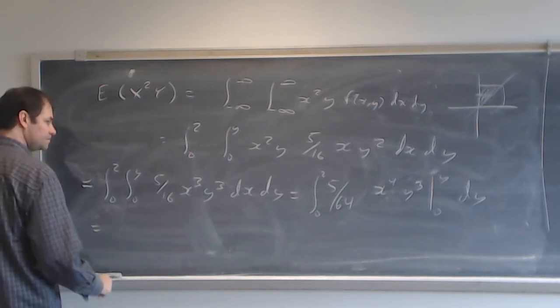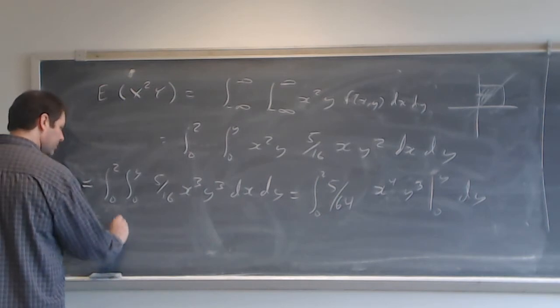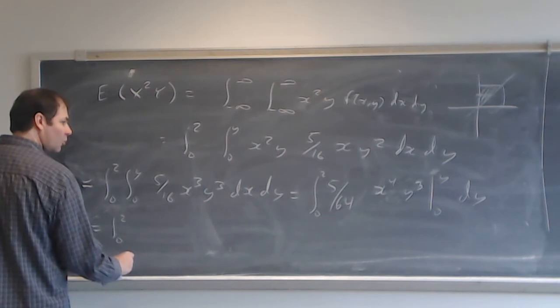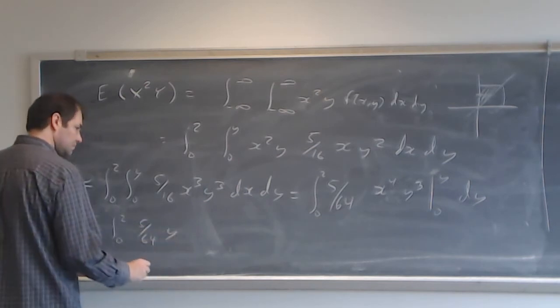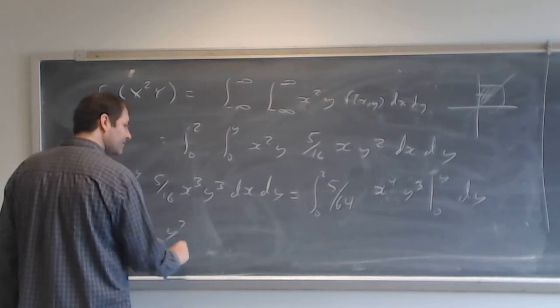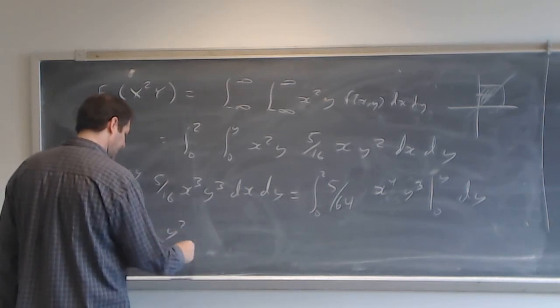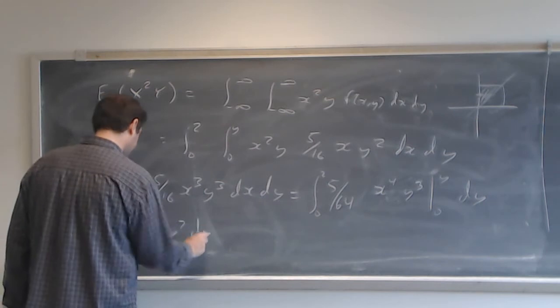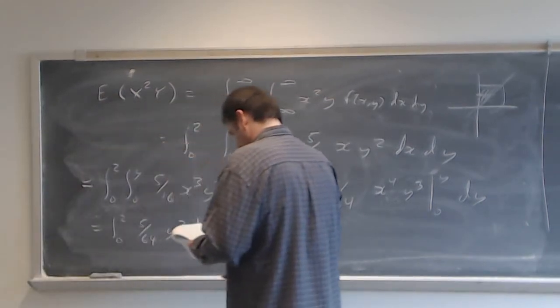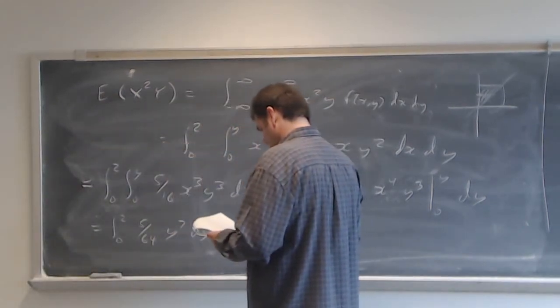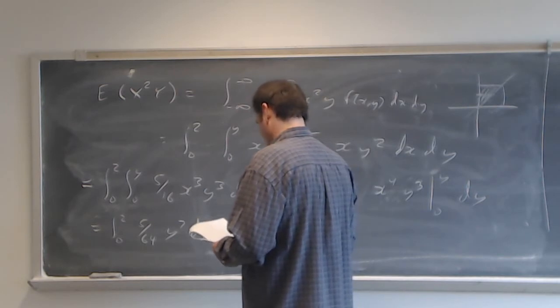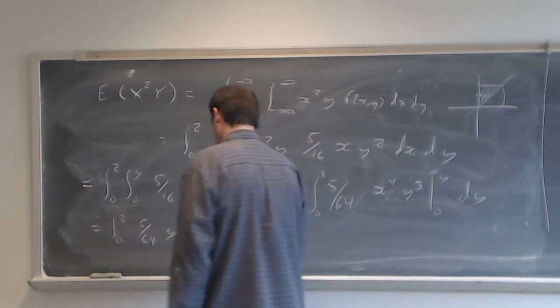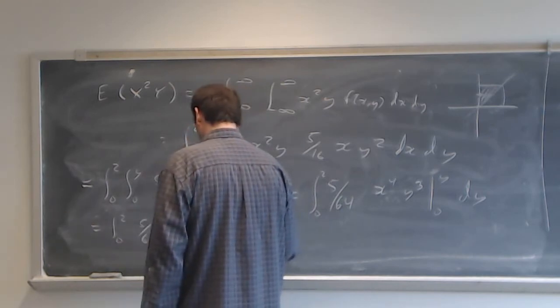This is equal to the integral from 0 to 2. When I stick in y, I will get 5/64 y, I think, to the 7. When I let x be 0, I get nothing. And then dy. This ends up being an awful problem.